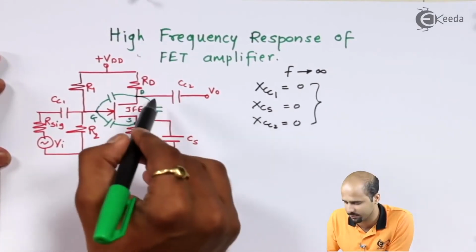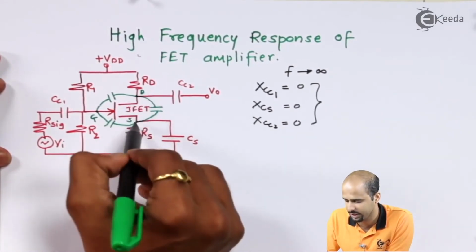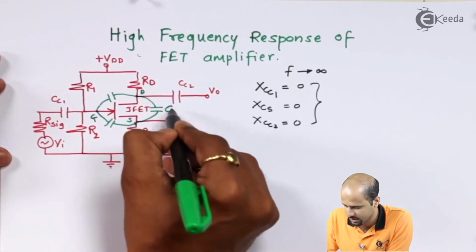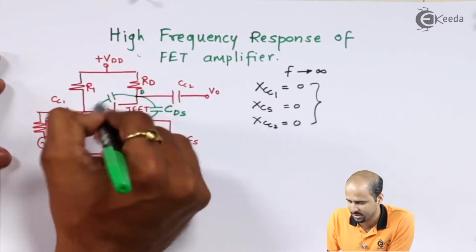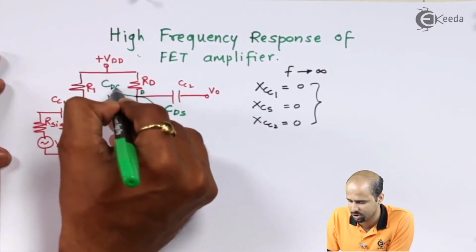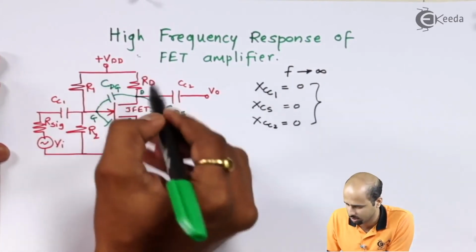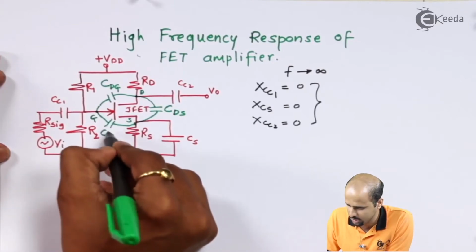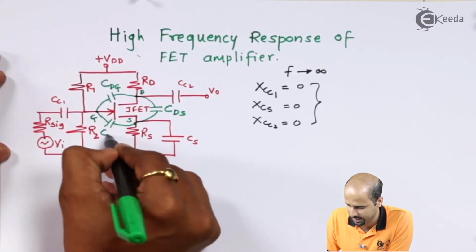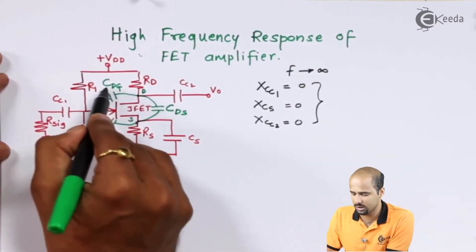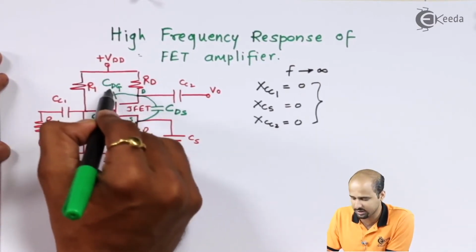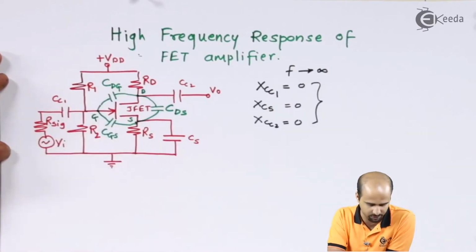We'll do the naming of these capacitances. Between D and S, what should come? I can say CDS, right? Drain to source capacitance. This is CDG, or you can say CGD. This will be your CGS. Rather, I should not write this with capital letters, I have to write with small letters.